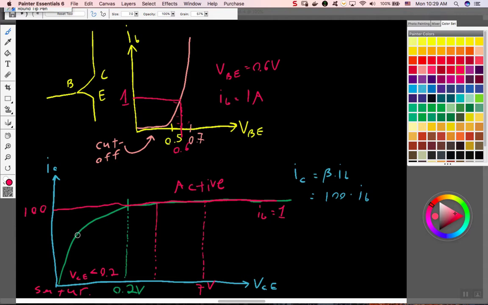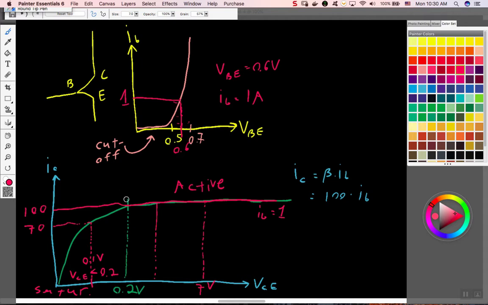In the saturation region, indeed, IC is less than 100 times IB. So let's say that we have VCE at 0.1 volts, let's say it's here. And what is the intersection with IC? The intersection IC, for example, let's imagine it is 70.